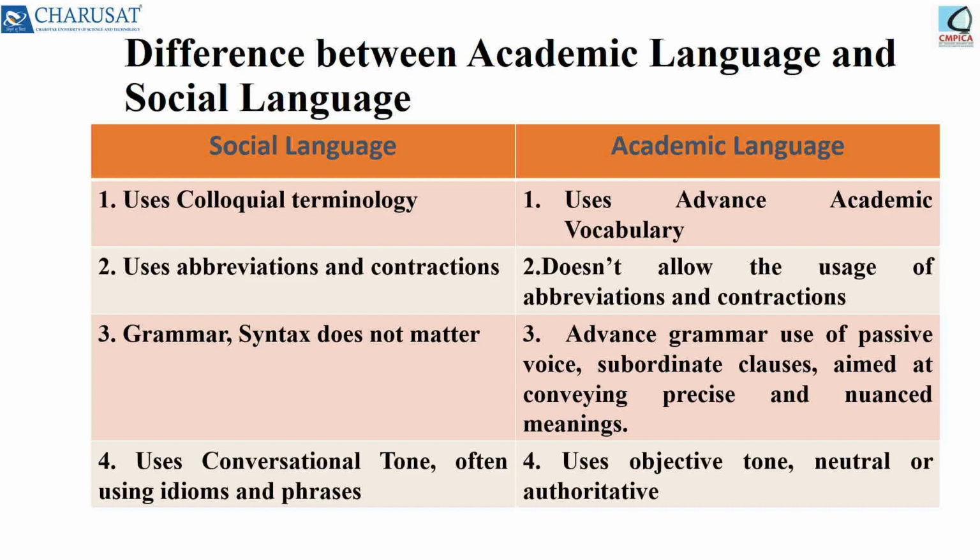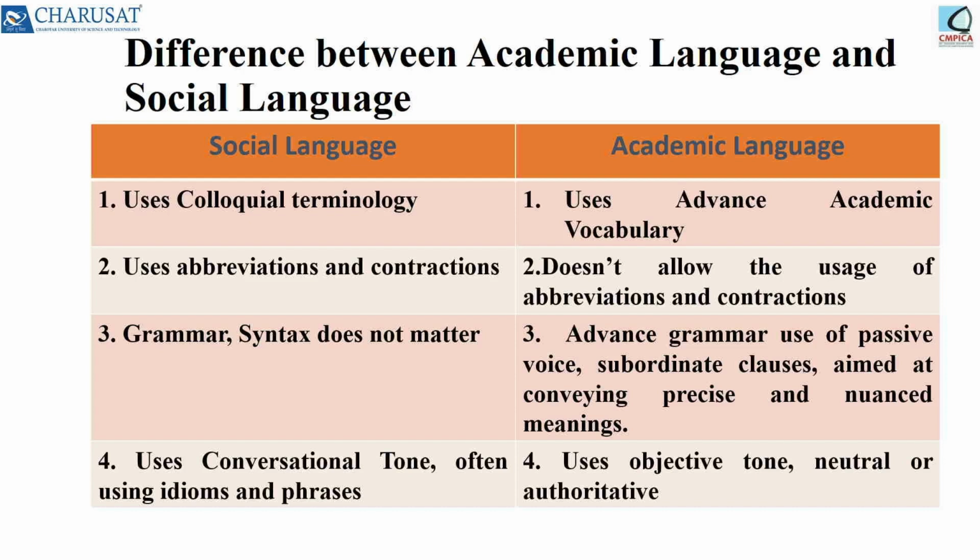And the difference that we'll find in conversational tones is that often we use idioms and phrases, such as "birds of a feather flock together." But can you use that in an objective tone? No. If I want to say the same thing, what does the idiom mean? All those who keep similar company will do similar kinds of actions, right?